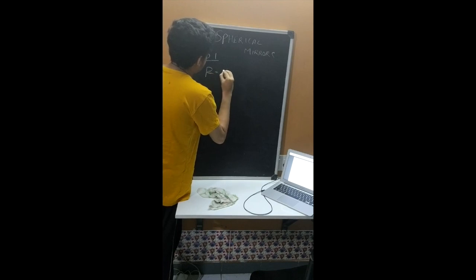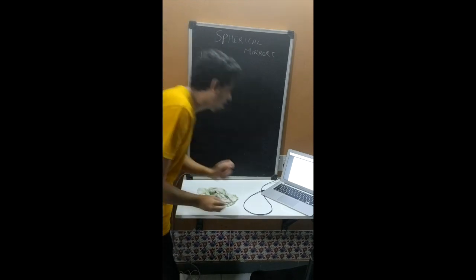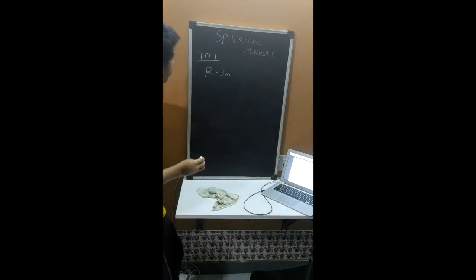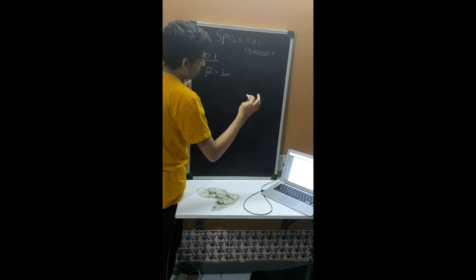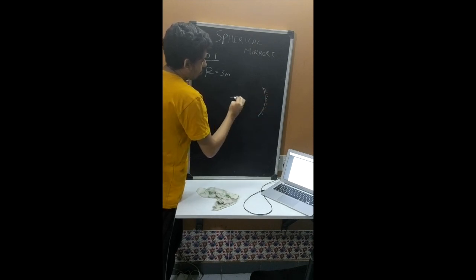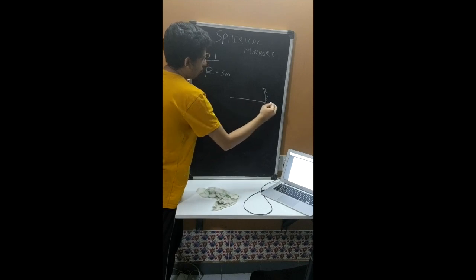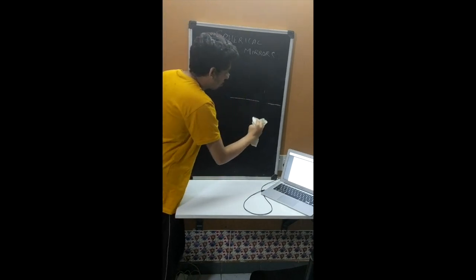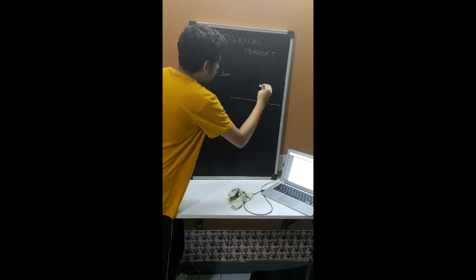R is 3 meters. Then a bus is located 5 meters from this mirror. Always the mirror will be on the right, and the object will be on the left. Sorry, they have told convex mirror, no? We have to draw a convex mirror.